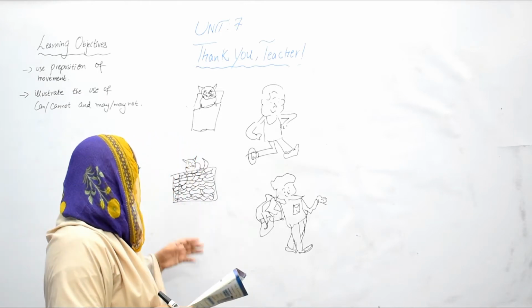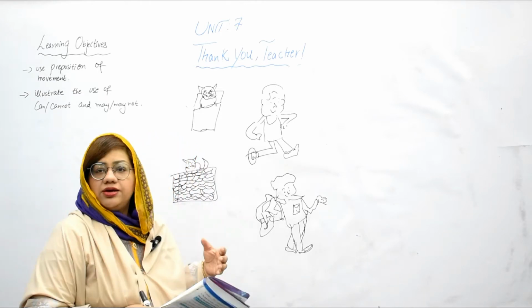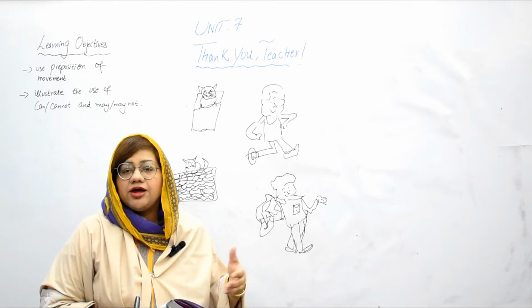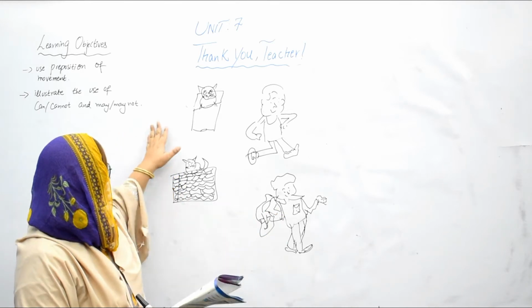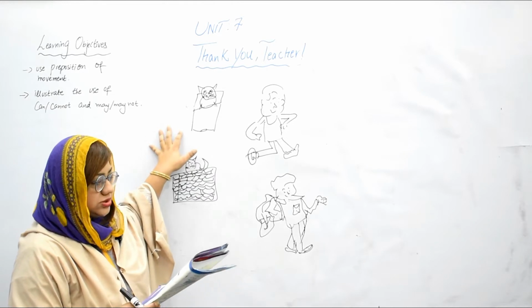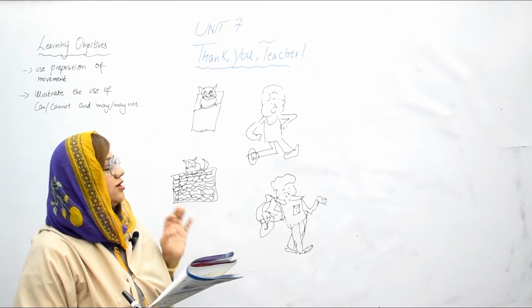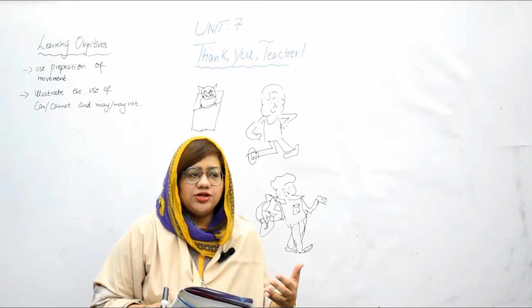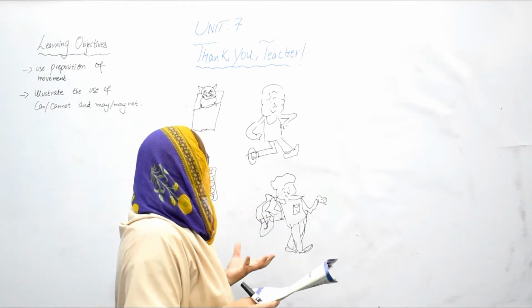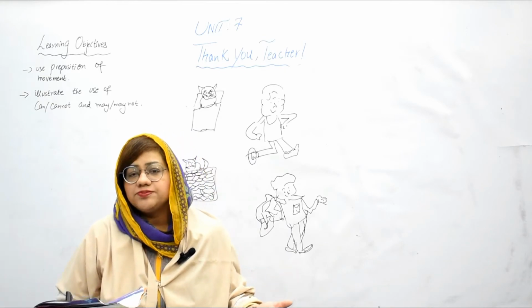What are these? What do these show? Actually, these pictures show different movements. As you can see, there is a box in which a cat is sitting. So how can we denote these types of movements, with what kind of things?